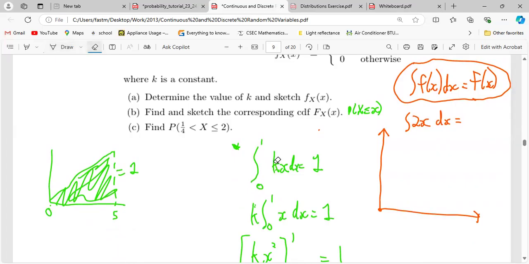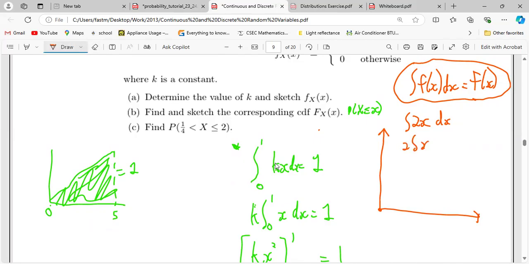If you integrate this, you bring the 2 outside, and you end up with the same thing we had before: 2x squared on 2, which is just x squared.